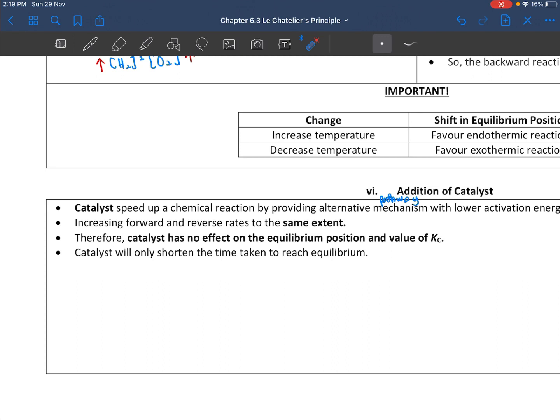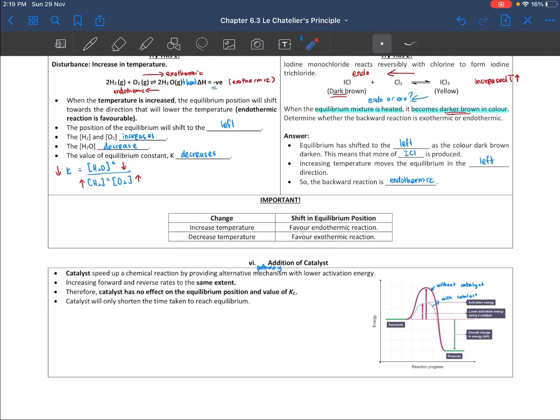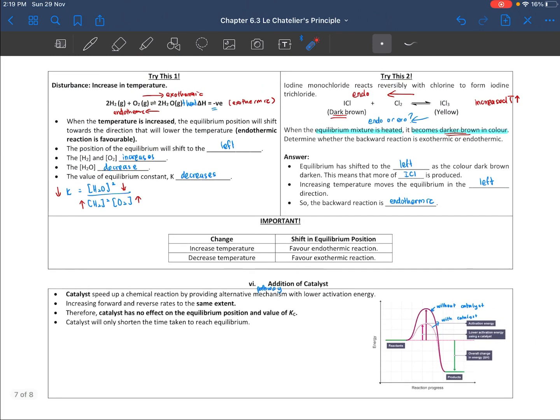Okay, so simple. Ada dua benda yang not affect the equilibrium so far, iaitu addition of catalyst dengan tadi inert gas at constant volume. Okay, yang lain akan ada perubahan. Okay, so I think that's all for chapter Le Chatelier principle, and that's all for chapter 6. Thank you.